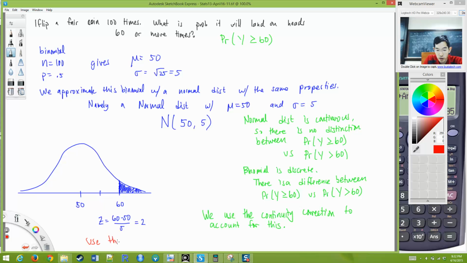Use the continuity correction only when approximating a discrete thing with a continuous thing.